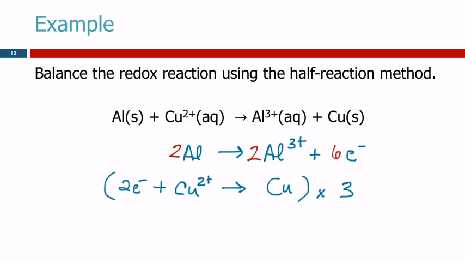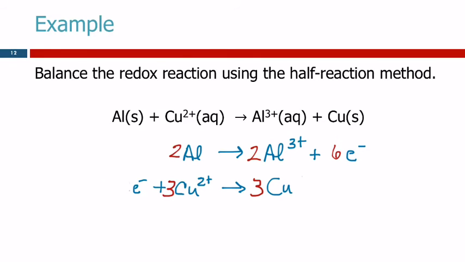Okay with that? That's still balanced, right? And then at the bottom here, I'm going to multiply everything by 3. Times 3 would be 3 coppers and 3 copper ions.